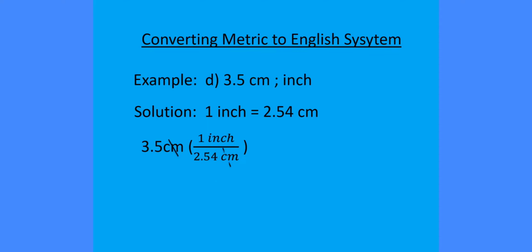Then cancel the unit, centimeters. The unit remaining is inch. Then we will multiply 3.5 and 1. Then the product will be divided by 2.54. Then the result is 1.378 inch.